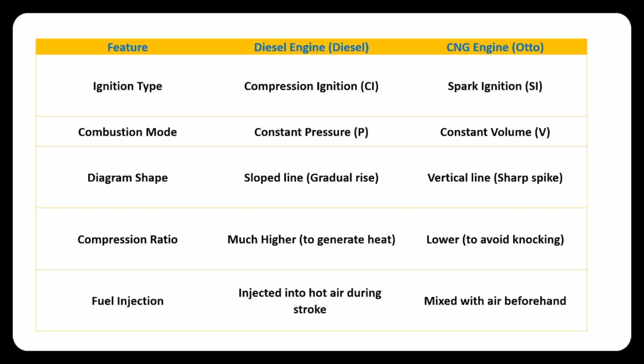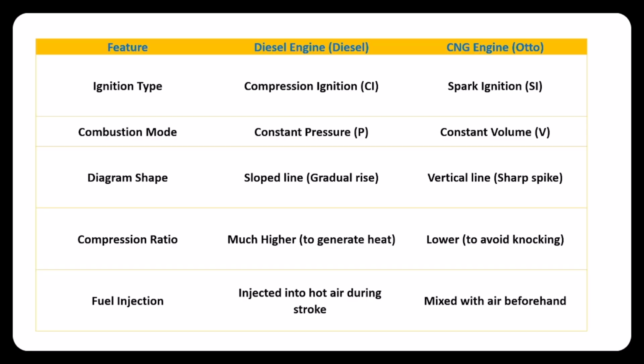And the comparison table: why do they differ? You can see features: ignition type, combustion mode, diagram shape, compression ratio, fuel injection, and you can see the differences between diesel engine and CNG engine. For example, ignition type in a diesel engine is compression ignition, but in CNG it is spark ignition.